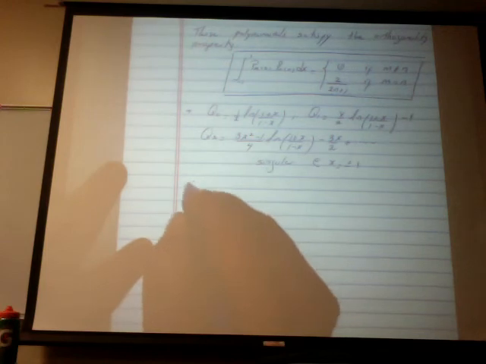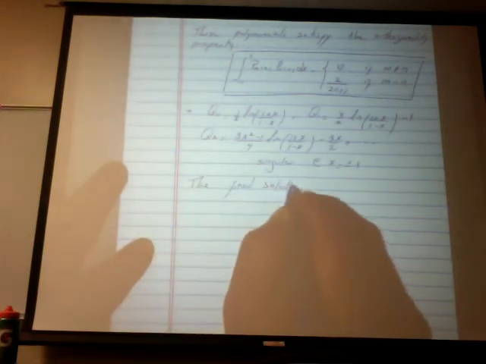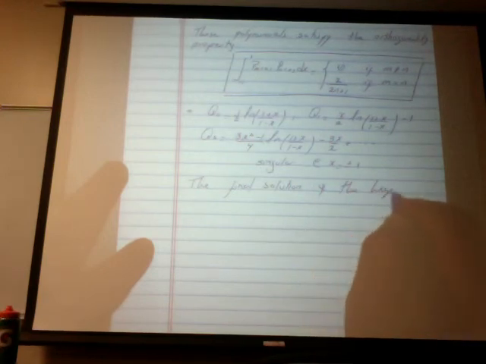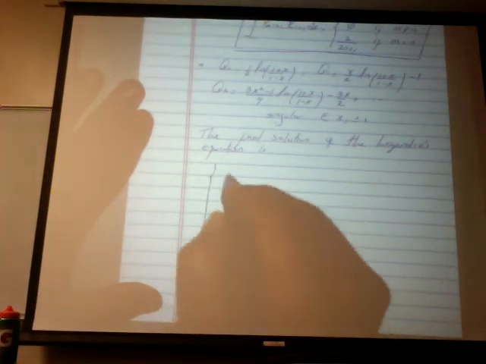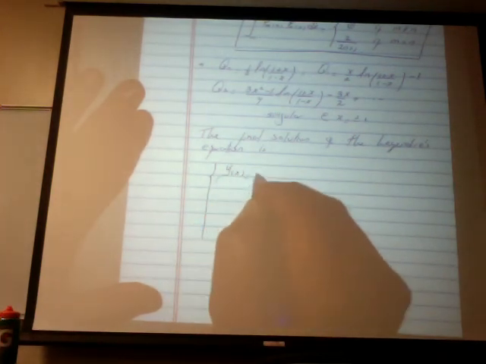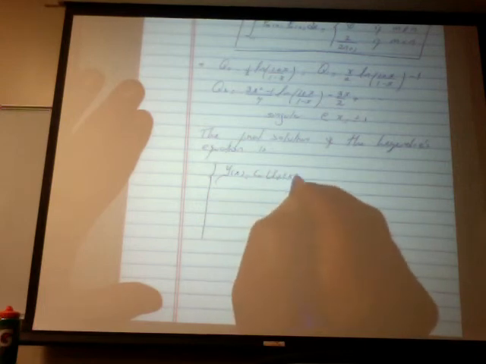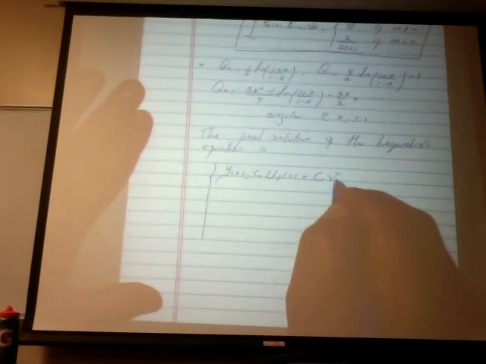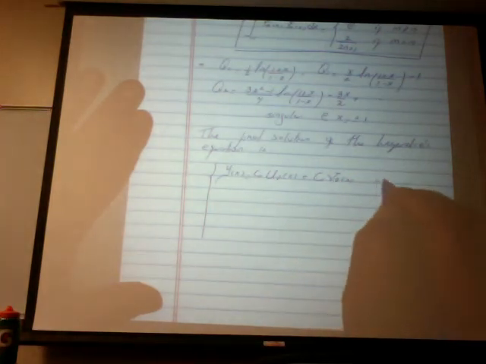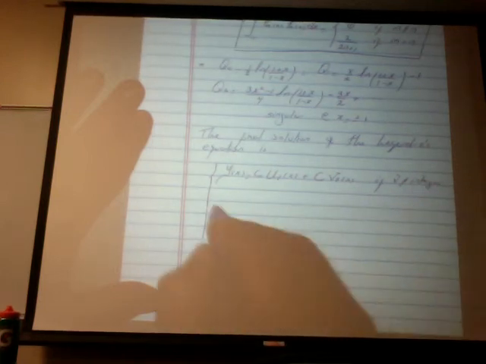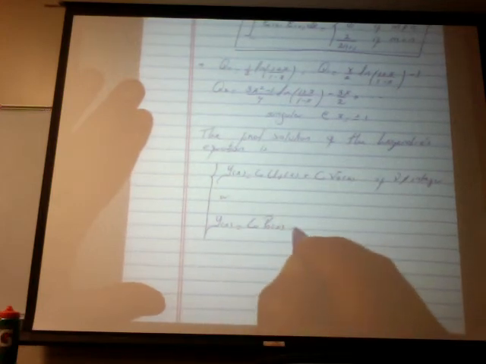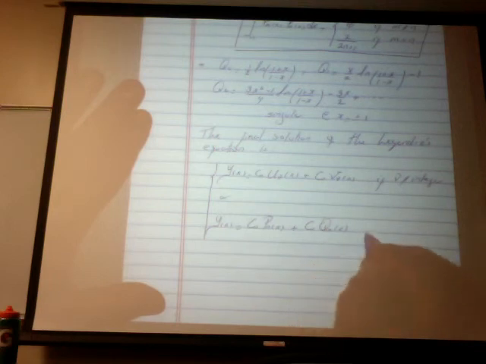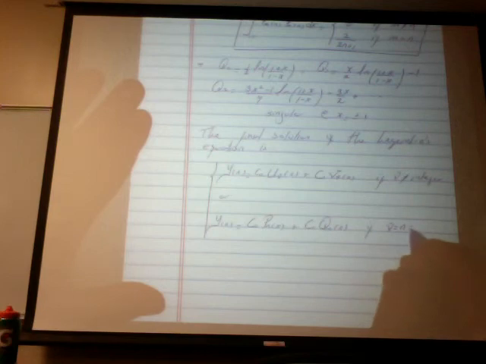So, the final solution of the Legendre's equation is y of x is equal to C0 times u_nu of x plus C1 times v_nu of x, if nu is not an integer, or y of x is equal to C0 times Pn of x plus C1 times Qn of x if nu is equal to n, which is an integer.